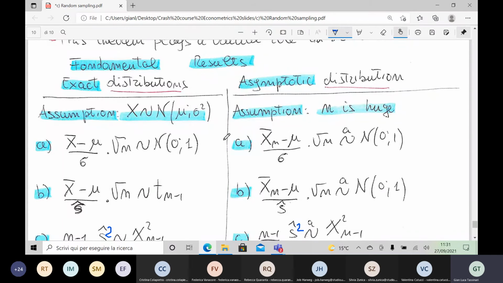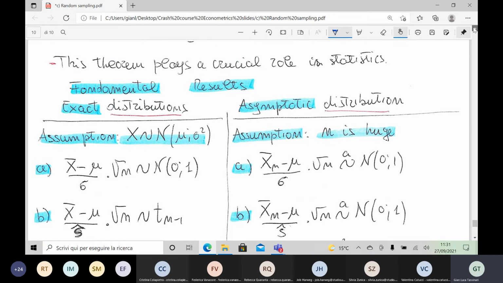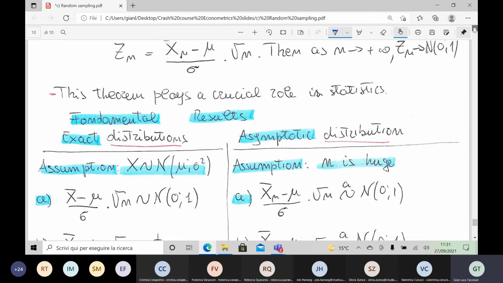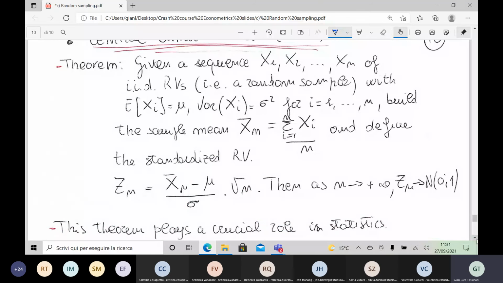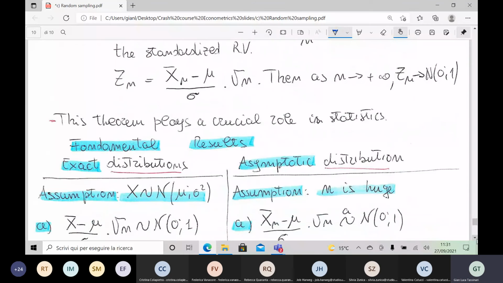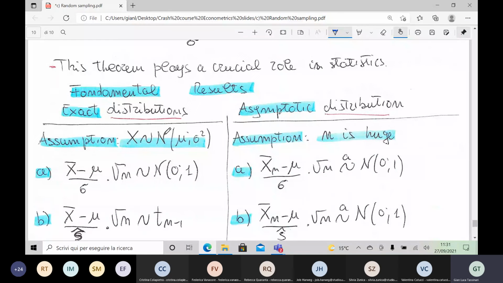As you can see, look with me, I reported this result, which was the result we found at point A, the standardized mean. We know that if X is normal, the standardized mean follows exactly a standard normal random variable. Instead, look here. Here, the only assumption I make is that n is huge. If n is huge, we can say that the standardized mean follows asymptotically a normal 0, 1.